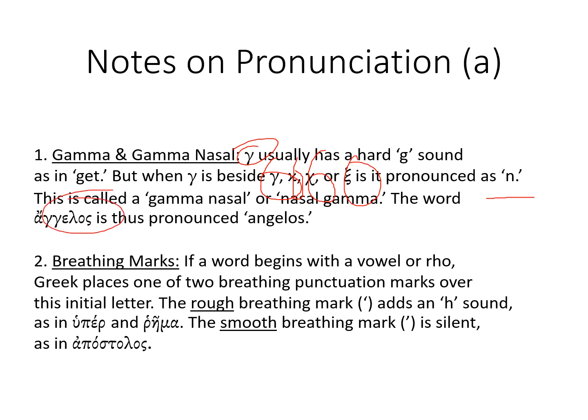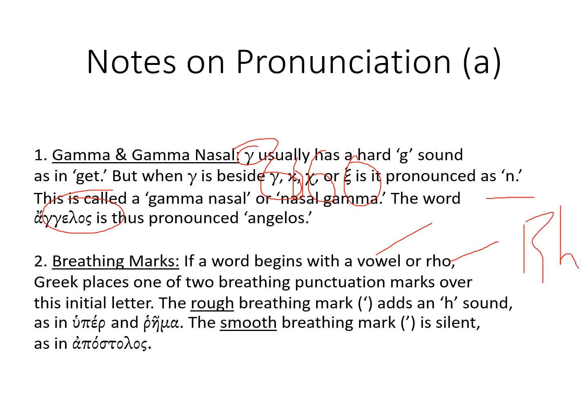We want to think about breathing marks for just a moment. There are a few breathing marks that we need to keep in mind. If a word begins with a vowel, again, we think about alpha, epsilon, and so forth, or rho, Greek places one of two breathing punctuation marks over that initial letter. The rough breathing mark makes an H sound. Remember that rho I mentioned a moment ago, where you would think of an R plus an H?